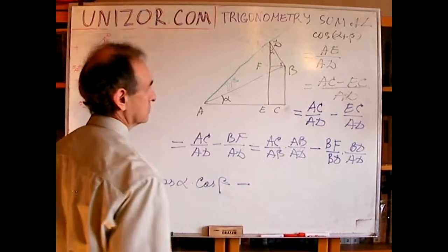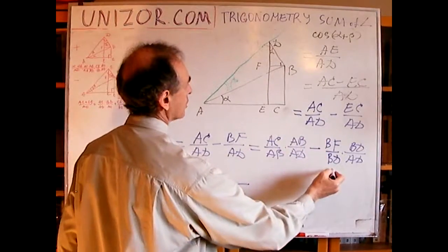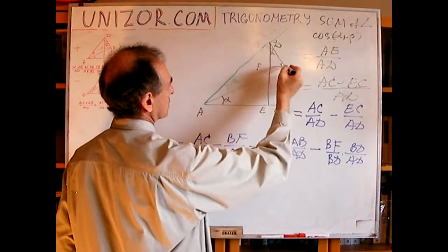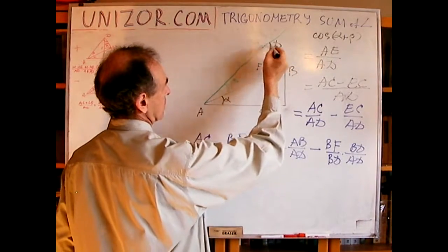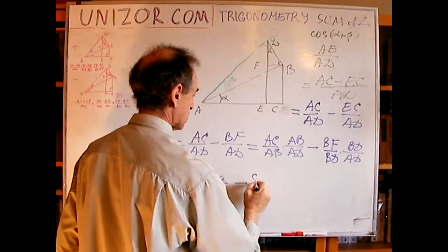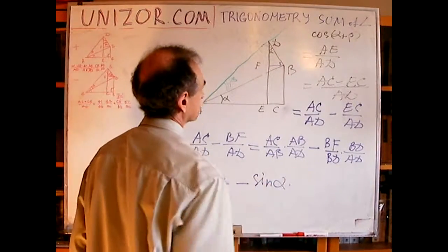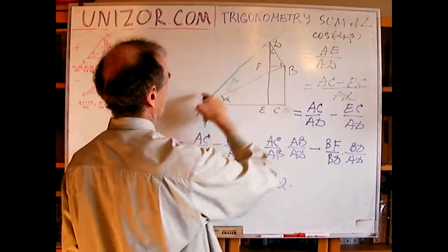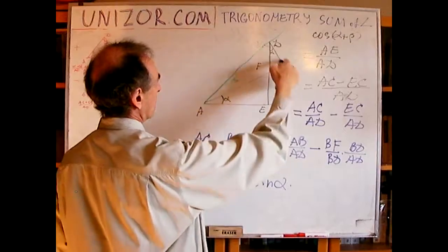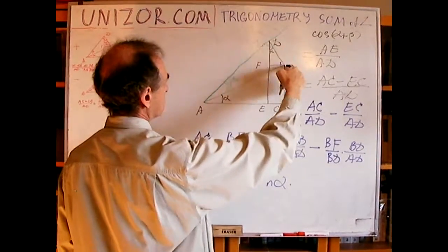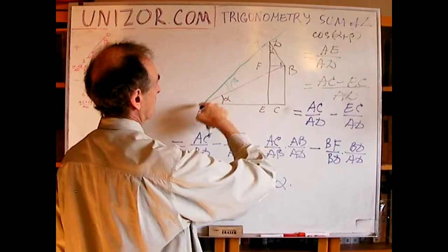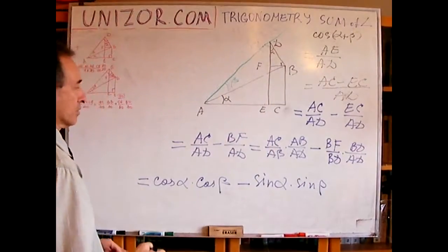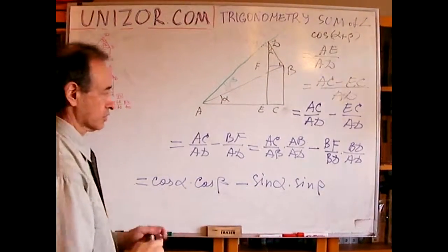Minus BF over BD. This is an opposite catetus to alpha over hypotenuse, so that's sine of alpha. And BD over AD. In this triangle ABD, again, BD is opposite catetus to beta, and AD is a hypotenuse, so it's a sine of beta. And this is the formula which I wanted to derive.